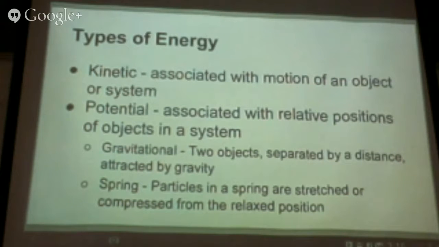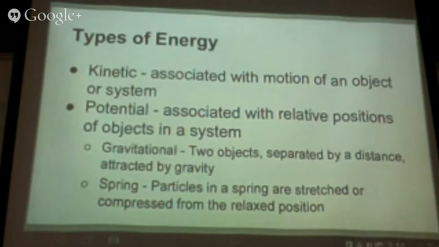Potential energy, we have a couple different forms for, and this isn't really associated with a single object, but rather with a system of objects. If we have two objects that are separated by some distance, for example, but they're pulling toward each other by this force of gravity, we say there's gravitational potential energy, because they have the potential to fall toward each other. Same deal with a spring, though we would probably usually say the spring is a single object.